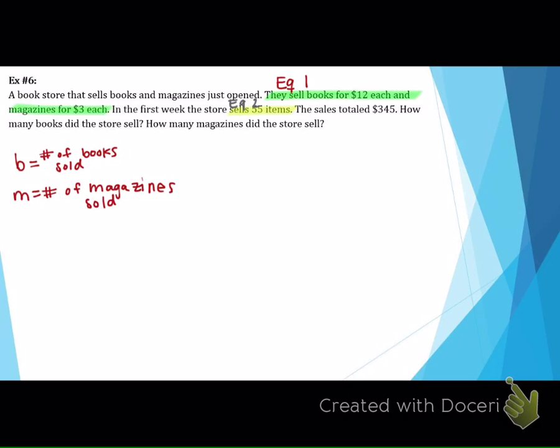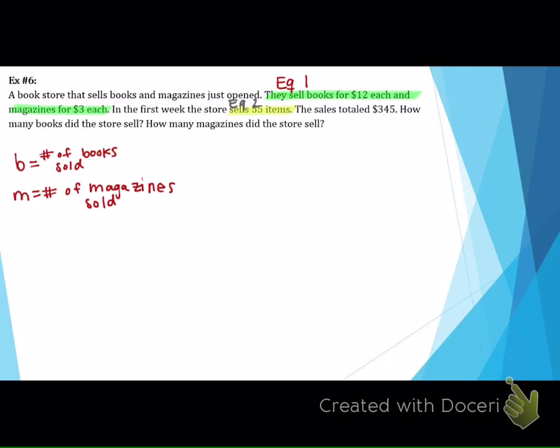And then you have this other number over here. They sell a total of $345. Which equation is that going to go with? Equation 1 or equation 2, and why? Because we usually only write 2 equations, which one do you think it will go with?